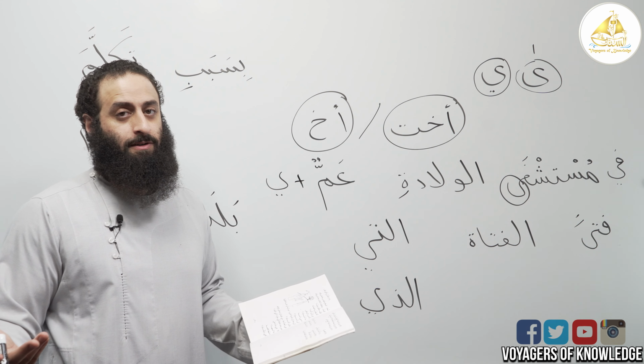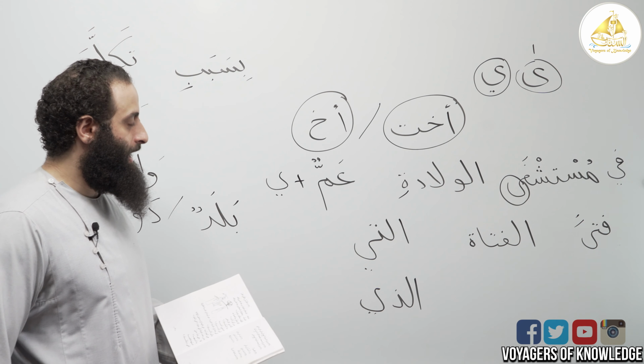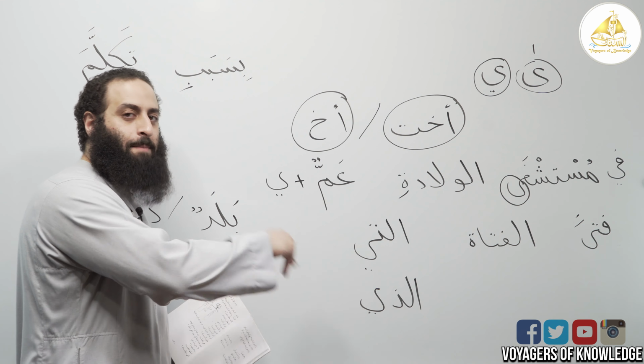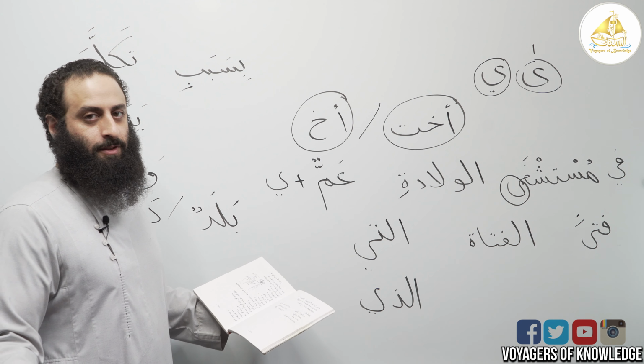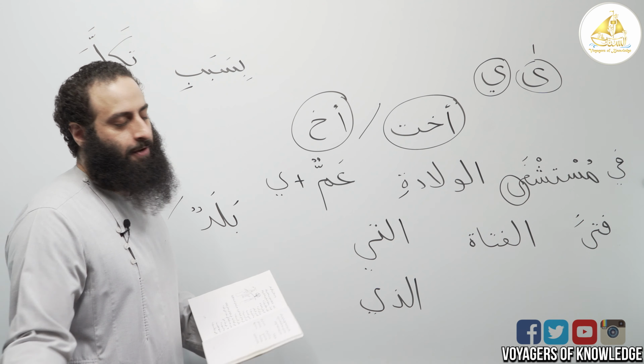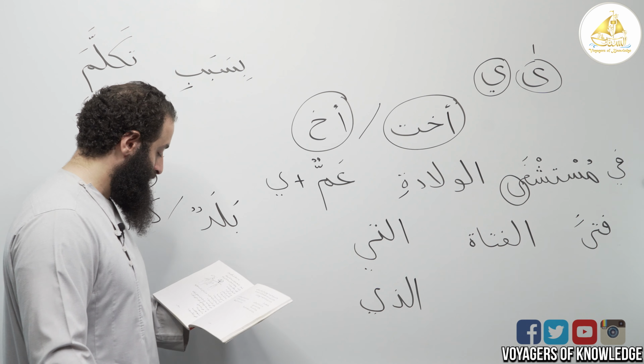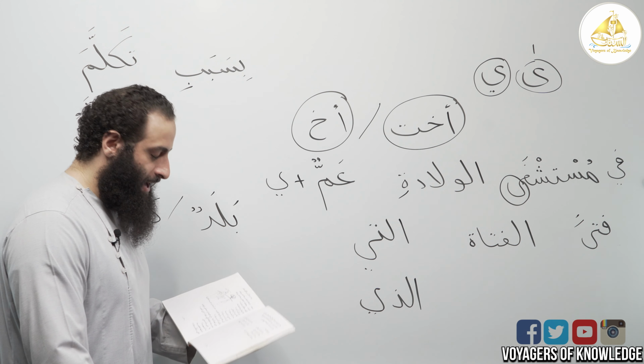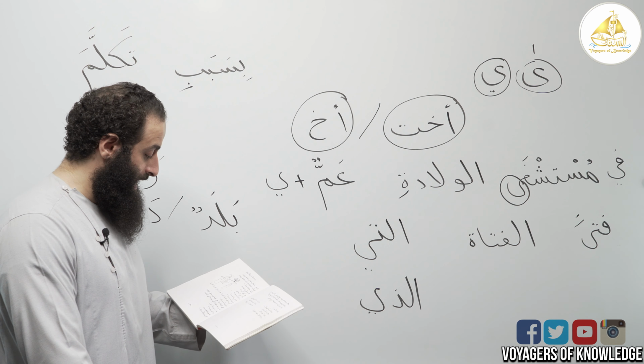We don't have cousin. You don't say the word cousin in Arabic. You say ibnu ammi, bintu ammi. That means cousin. The daughter of my uncle, the son of my uncle. That's how you say cousin. Ismuha Fatima. What's her name?